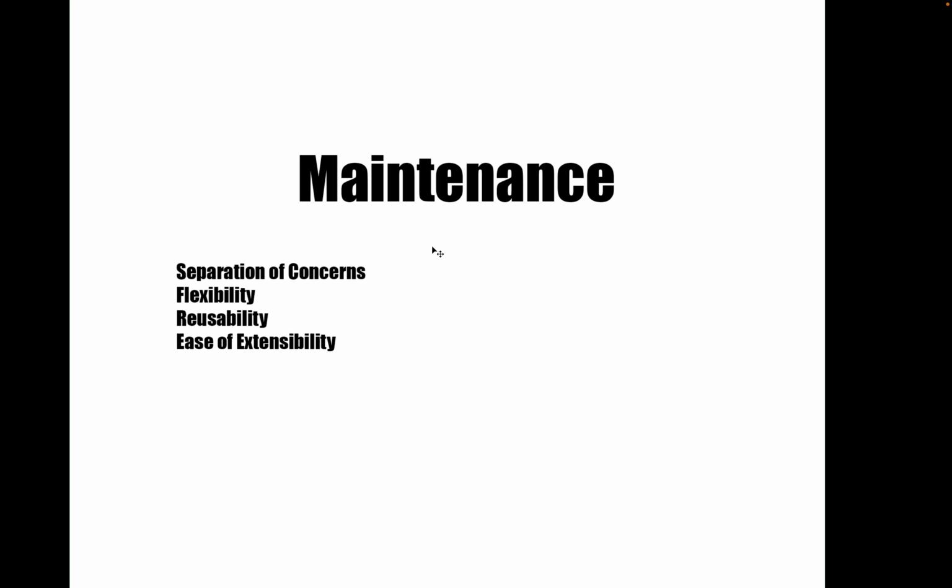Since the entities are just identifiers and components, they're loosely coupled, so it's easy to add, remove, or change components without affecting the overall system. So that provides a high degree of flexibility to the software maintenance.